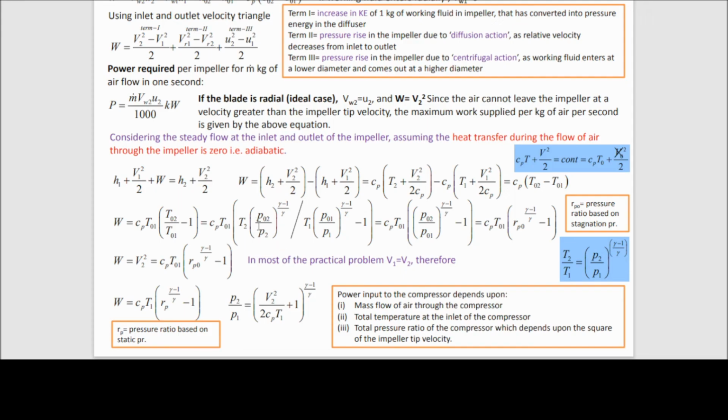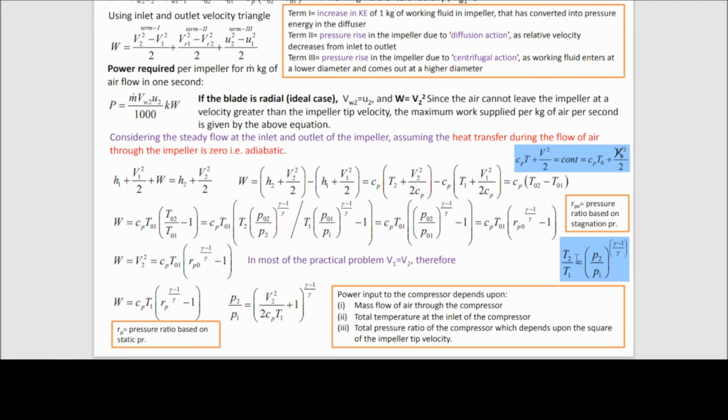Using that equation, T02 can be written as T2 into P02 by P2 to the power gamma minus 1 by gamma, and T01 can be written as T1 into P01 by P1 to the power gamma minus 1 by gamma, and that is equal to T01 into P02 by P01 to the power gamma minus 1 by gamma, because T2 by T1 and P1 by P2 to the power gamma minus 1 by gamma will get cancelled out.